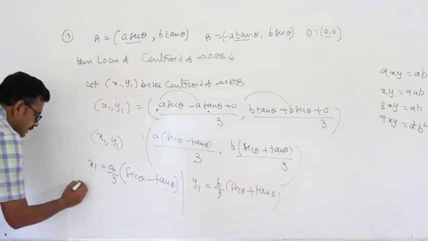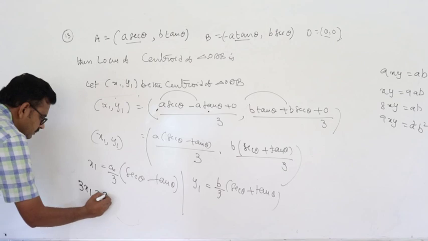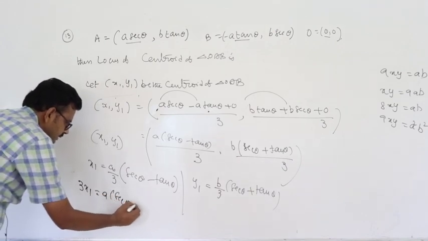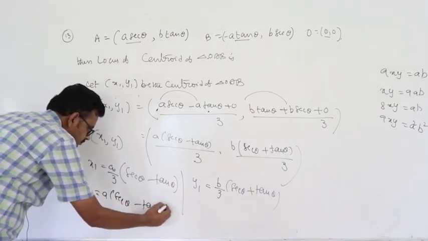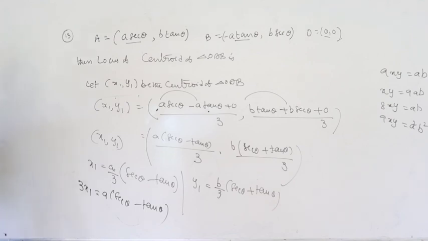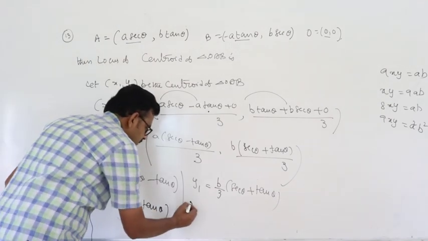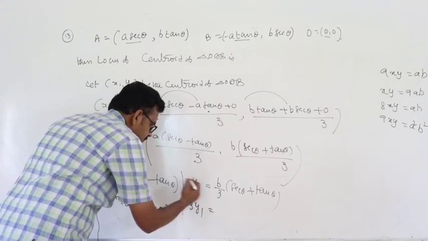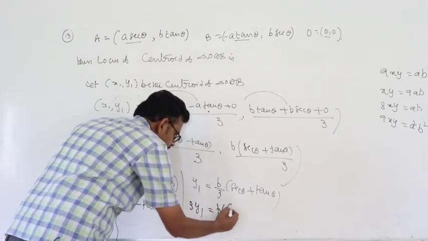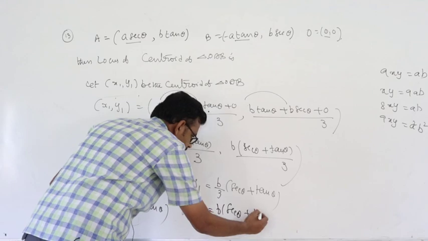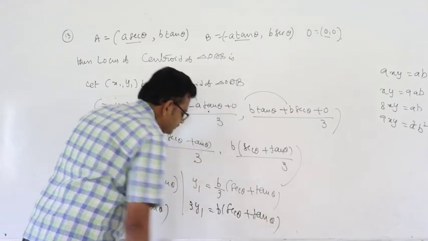So, this is 3x1 is equal to a into (secant theta minus tan theta). And 3y1, by cross multiplication, is b into (secant theta plus tan theta).